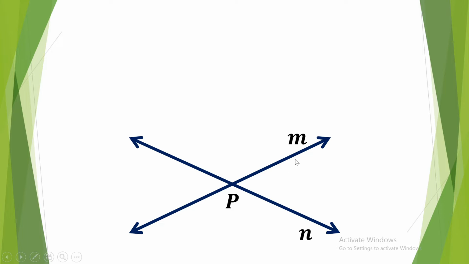So again, we have here two lines that intersect at a point, and that point of intersection is at point P. Now, what do you think is the relationship between line M and line N?